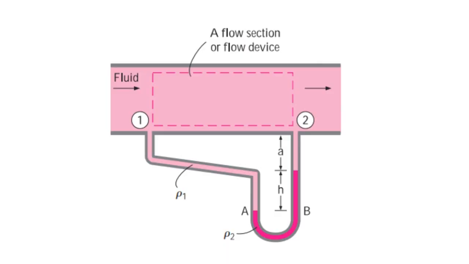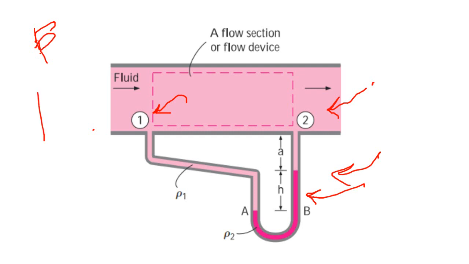Okay, and the second one is, here we have a flow section, and we have point 1 and point 2, and between the two we have a manometer. We have a manometer attached to them, and we have another fluid that we use to measure the pressure. So just see what kind of equation you will have for the pressure, just like we did for the water tank.